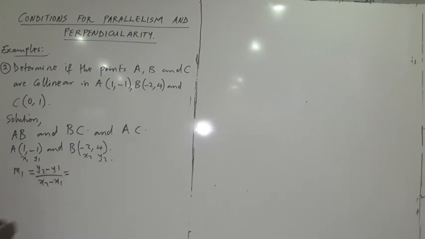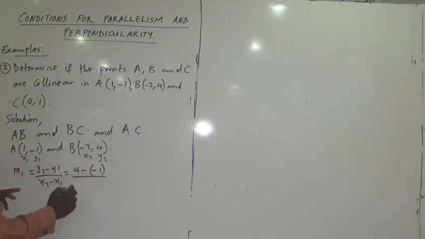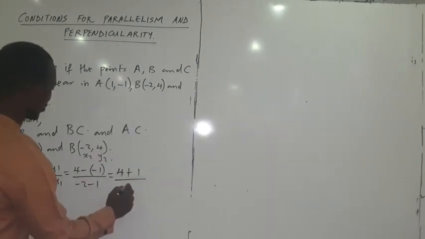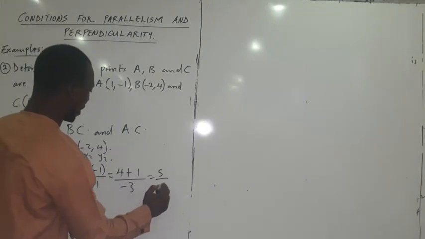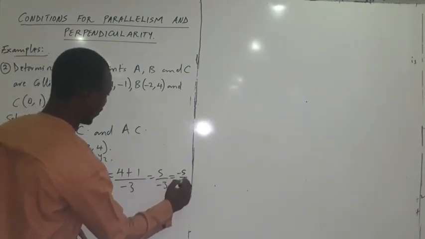So which is equal to y2, that is 4, minus y1, that is minus 1, all over x2, minus 2, minus 1. So which is 4 plus 1 all over minus 3, so 5 over minus 3, which is the same thing as minus 5 over 3.